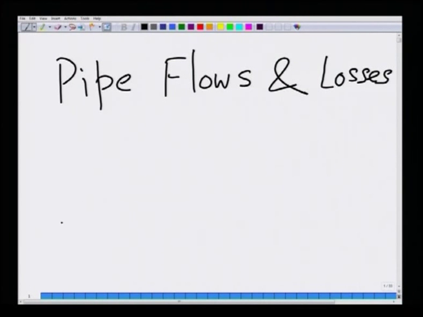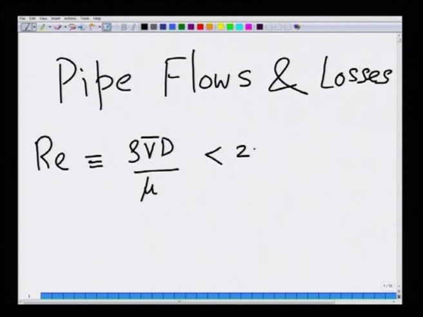Okay. So, when the flow is in the laminar regime in a pipe, that is when the Reynolds number, which is defined as the density of the fluid times the average velocity of the fluid times the diameter of the pipe divided by the viscosity of the fluid, is less than around 2000, then the flow is laminar.